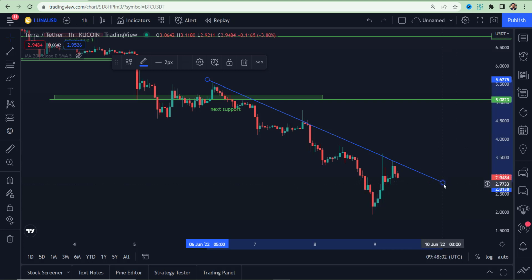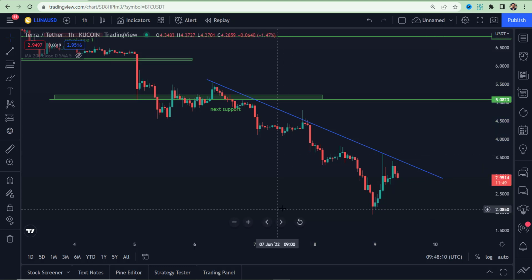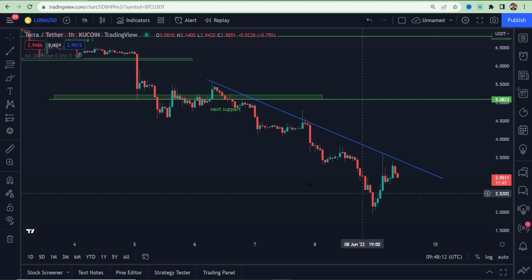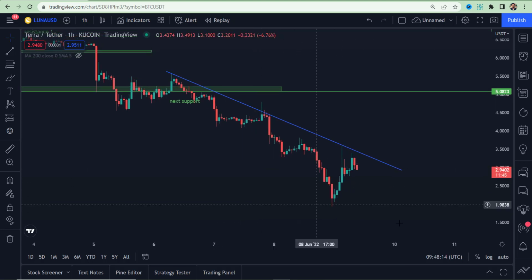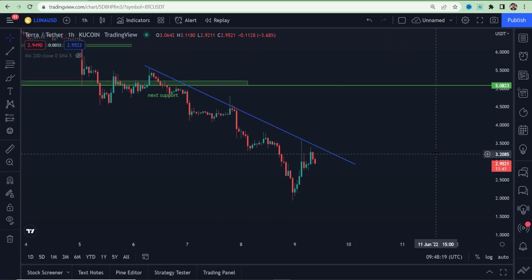So how about we do it just like this one? Okay, so for Luna, it has formed the resistance trend line, which is acting as a resistance on the 1 hour time frame.